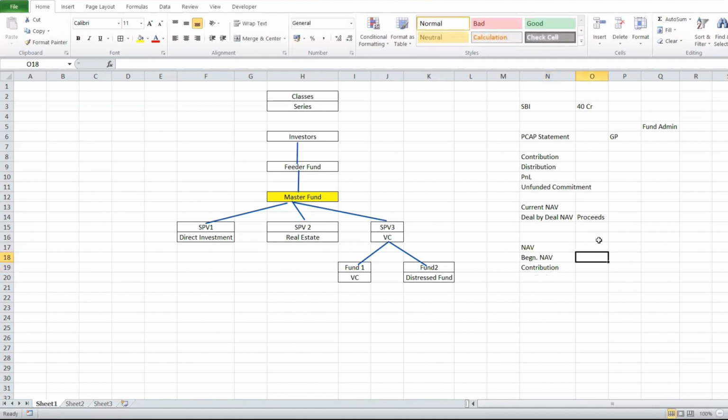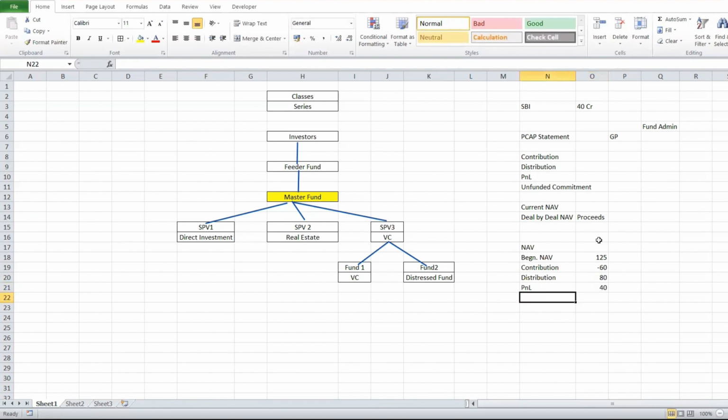Beginning NAV, suppose anything, I'm taking it as 125. Your contribution is 60 and your distribution is 80, and P and L, let's take a profit of 40.